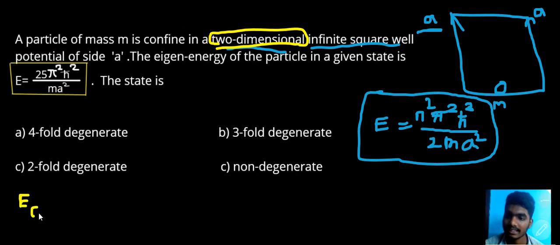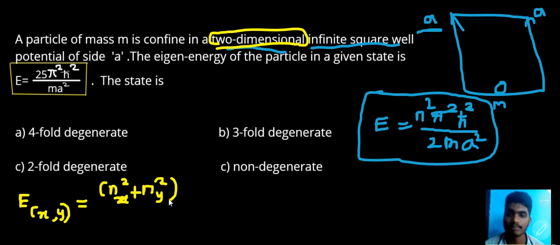So E of x comma y is equal to n in the x-axis square plus n in the y-axis square, written in the place of n.